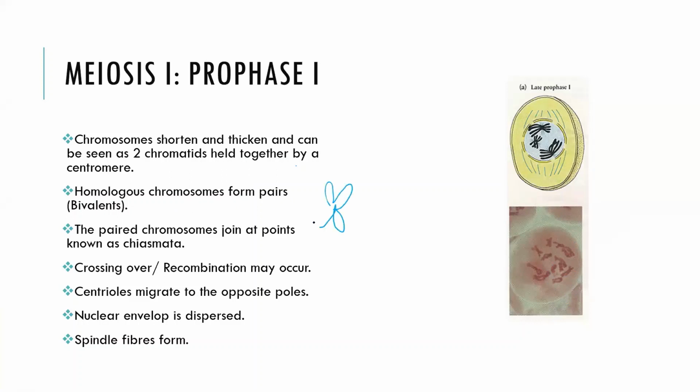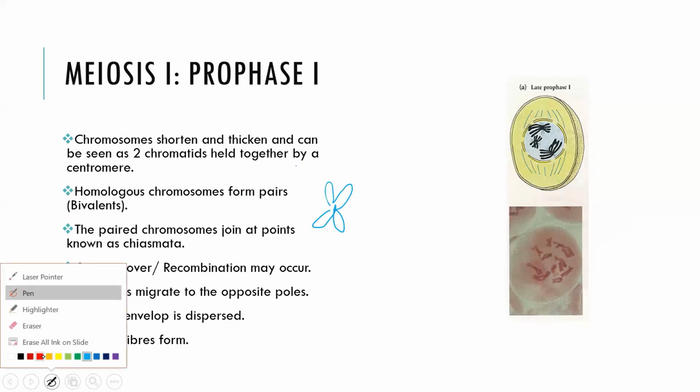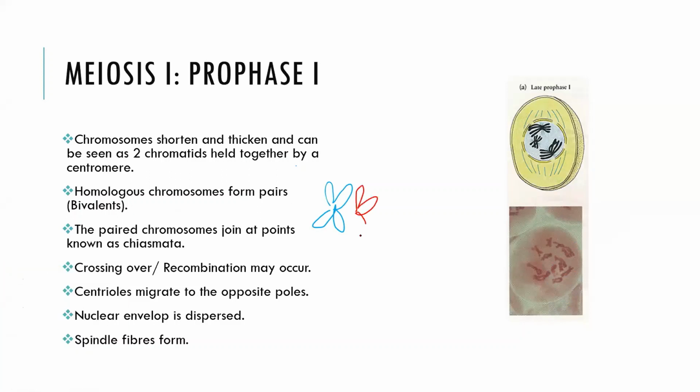So these pairs are called bivalents. So a pair like this is called a bivalent. So the paired chromosomes join at points called chiasma, and crossing over and recombination can occur. So similar to the prophase of the mitosis, centrioles migrate to the opposite sides, nuclear envelope is dispersed and spindle fibers form.